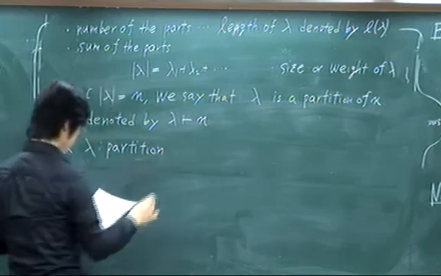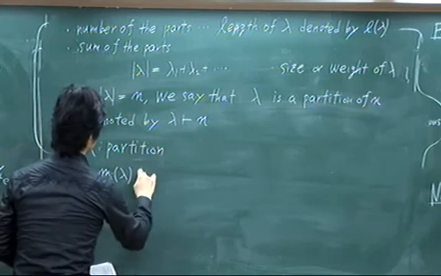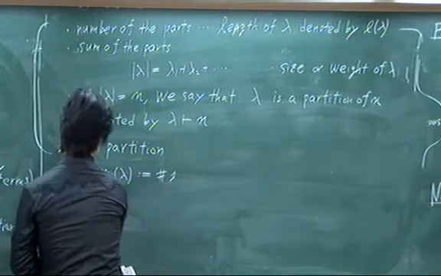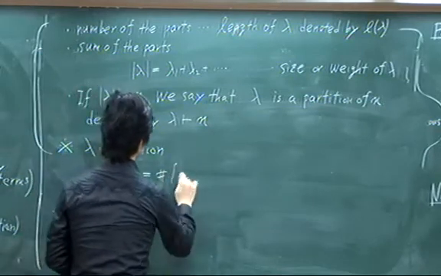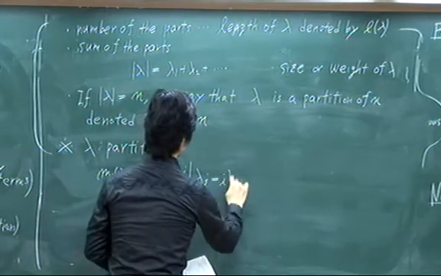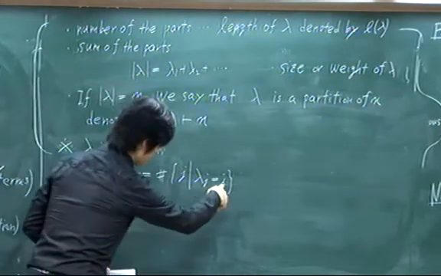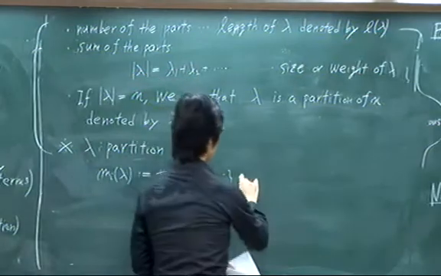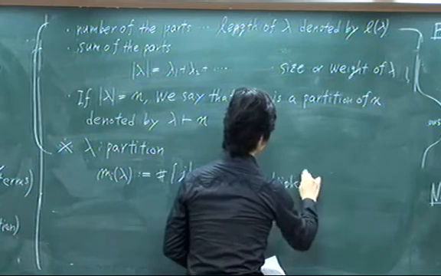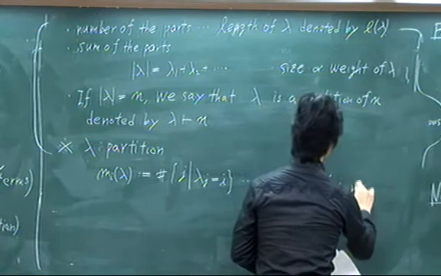For a partition lambda, m_i(lambda) is defined by the number of parts which are equal to a given integer i, called the multiplicity of i in lambda.